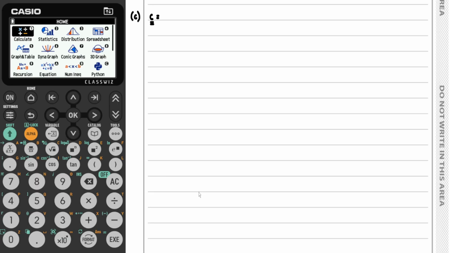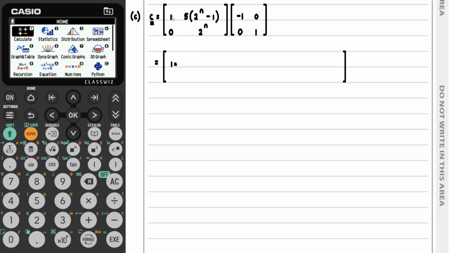So the matrix C will be given by this matrix 1, 5 times 2 to the n subtract 1, 0, 2 to the n, multiplied by negative 1, 0, 0, 1. So let's work this out. Well, we've got 1 multiplied by negative 1 plus 5 times 2 to the n subtract 1 times by 0.